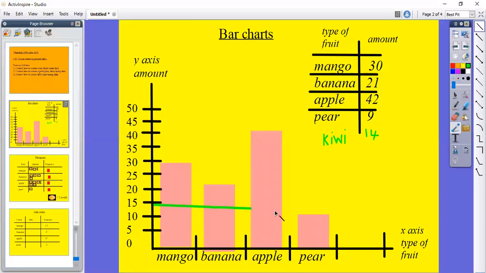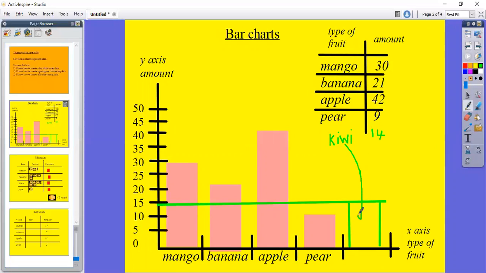I get my line to go across, and I can see how high it should be. And then when I draw it, that would be the kiwi here. I can clearly see how high my bar is. There we go. And then I would add kiwi to the bottom. So I hope that's helped you understand and create bar charts a bit more clearly.